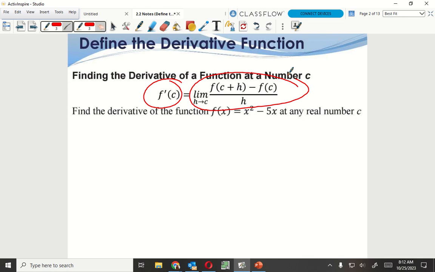Where we're doing all that, find the derivative of the function f of x equals x squared minus 5x at any real number c. Now, let's do the voodoo. So f prime of x is equal to, now let's see if you paid attention to the voodoo. What's going to happen to that x squared? What do I do with the number in front?